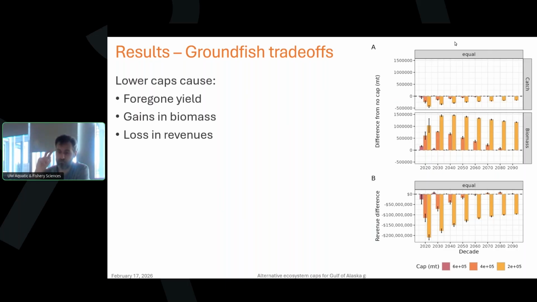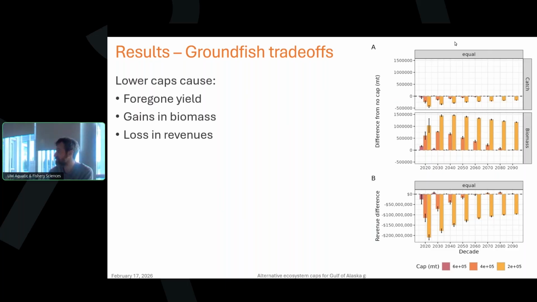If you were to switch from the status quo to another one of these cap values, you're leaving catch on the table, so you have losses in your average groundfish catches. You have gains in your groundfish biomass. Of course, you're leaving more biomass in the system.